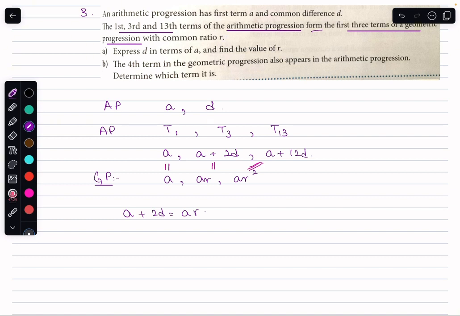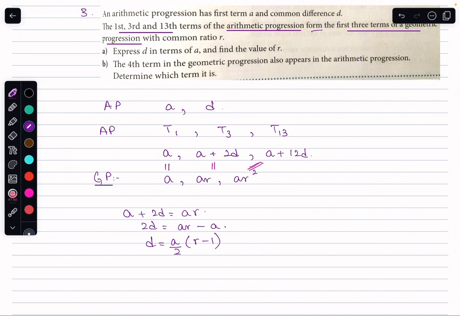This gives 2d equals ar minus a, or I can say that my d shall be equal to a by 2 times r minus 1 here.